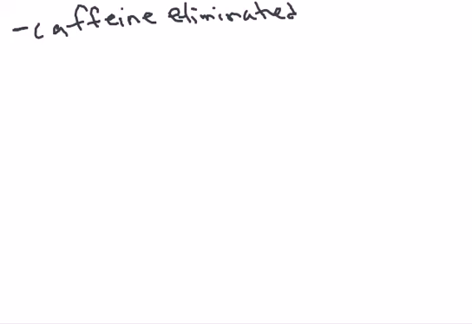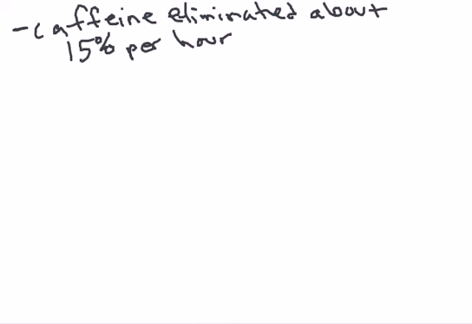So we'll say caffeine eliminated about 15% per hour. So in this case, T would be in hours.